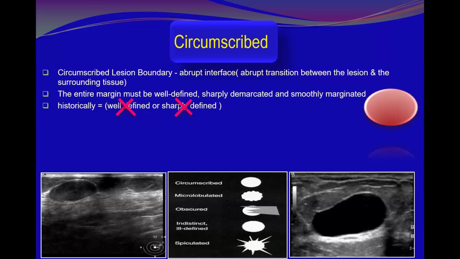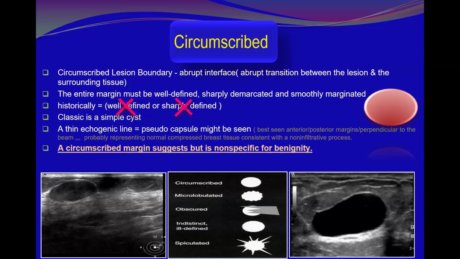Now the descriptor is circumscribed. And classic is a simple cyst, as you have seen here.